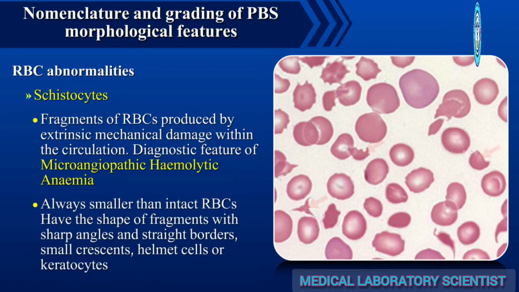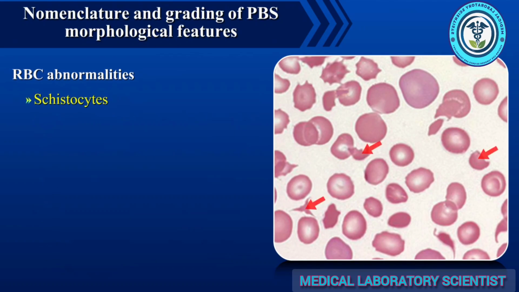Cystocytes are always smaller than intact red blood cells and can have the shape of fragments with sharp angles and straight borders, small crescents, helmet cells, or keratocytes.